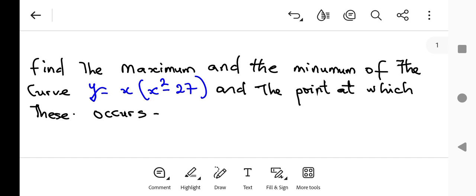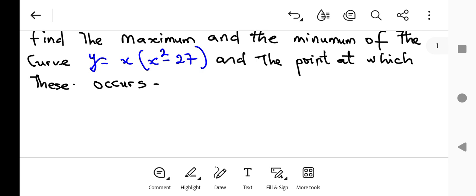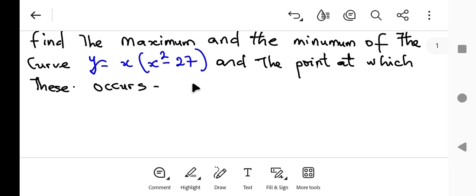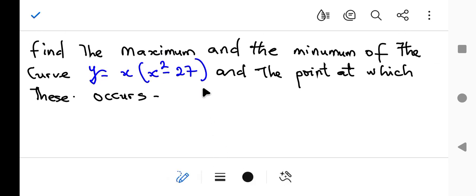So solving this, we'll first of all get dy/dx, and if we equate that dy/dx to 0, we are going to get the stationary point. So first of all, what we're looking for is what we call the turning point or stationary point.